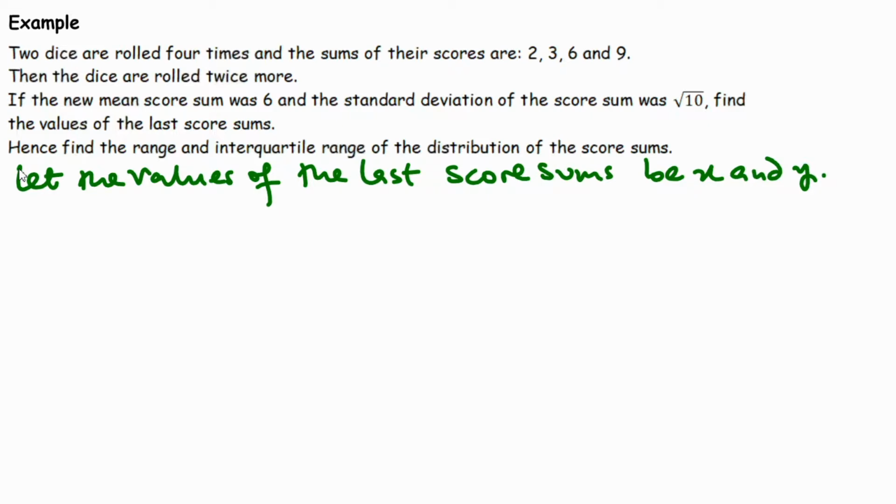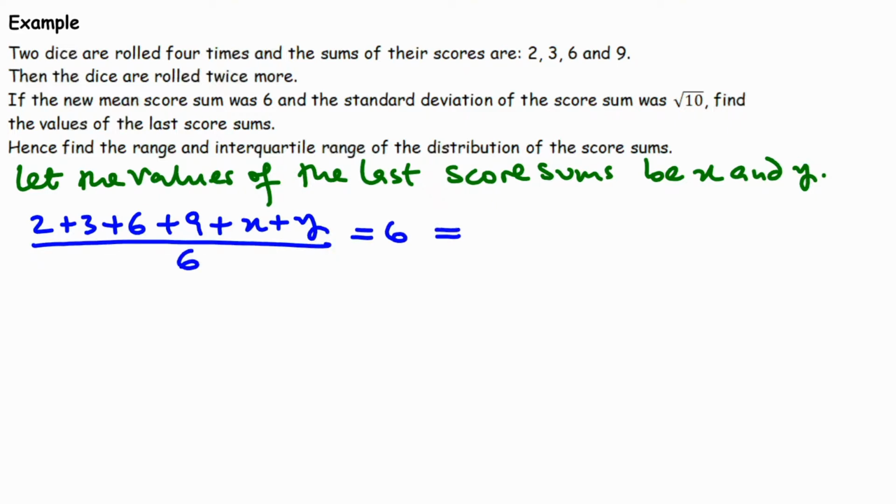And we know that the mean of these score sums is 6, which means if we add all these score sums, the average should be 6. And that implies that, if you add all those numbers, you're going to get 20 plus x plus y over 6 is equal to 6.